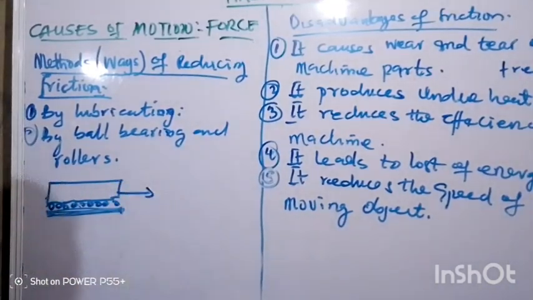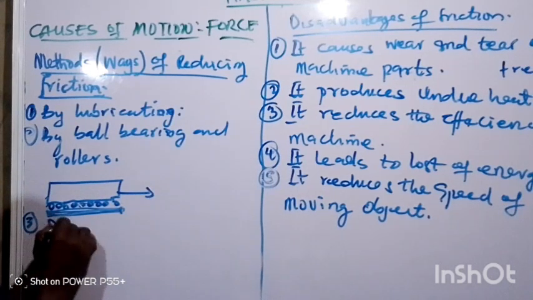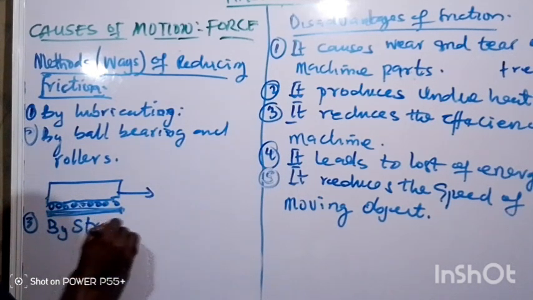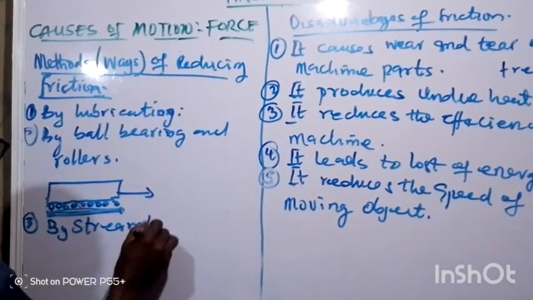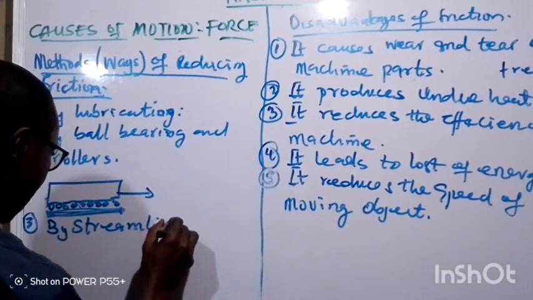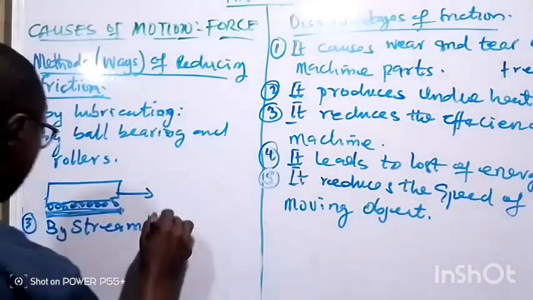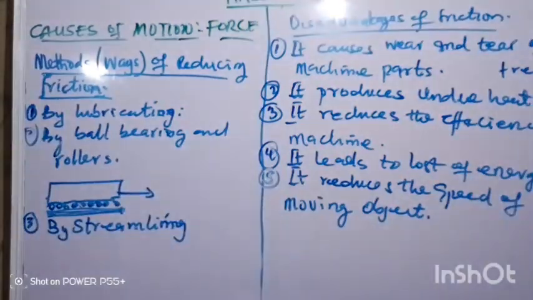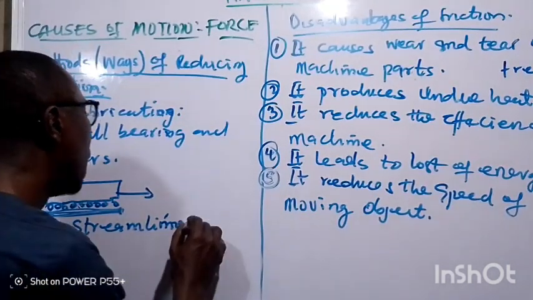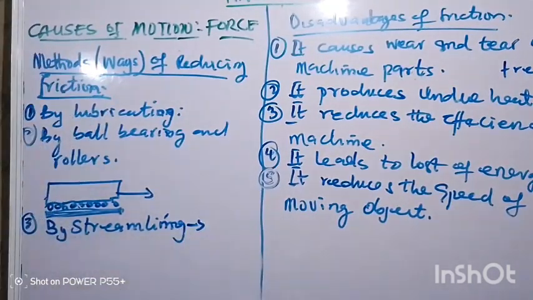Then another one, number three, is by streamlining. When you say streamlining, when you look at the shape of either a vehicle or airplane or ship, the shape of a vehicle is curved like this.